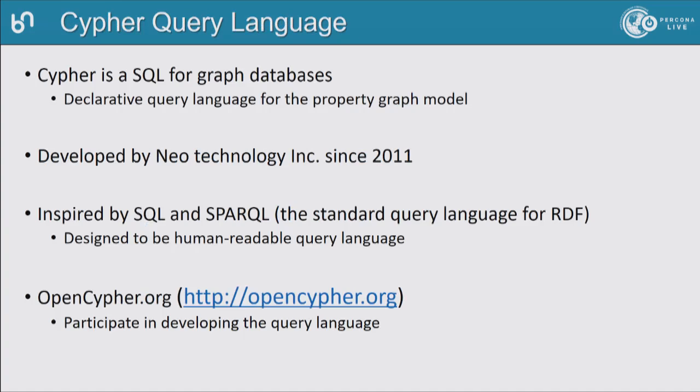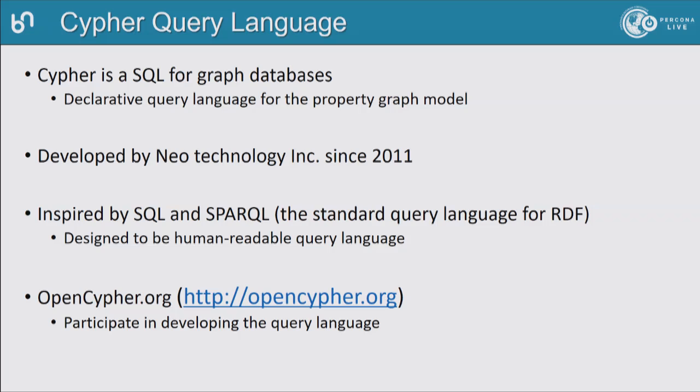I want to introduce Cypher query language to show the conciseness of the graph query. Cypher is created by Neo Technology. It is a declarative query language for the property graph model. It is inspired by SQL and Sparkle, which is the standard query language for RDF.